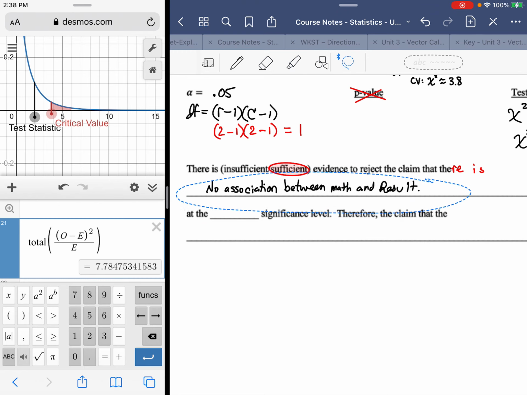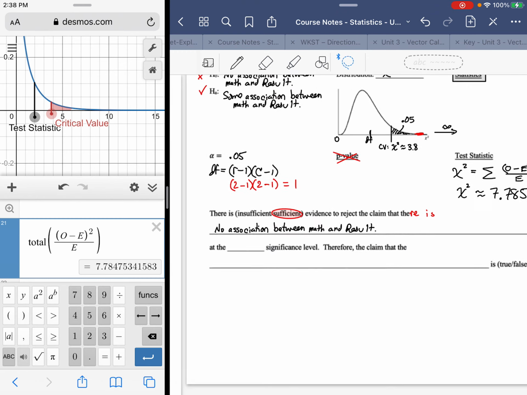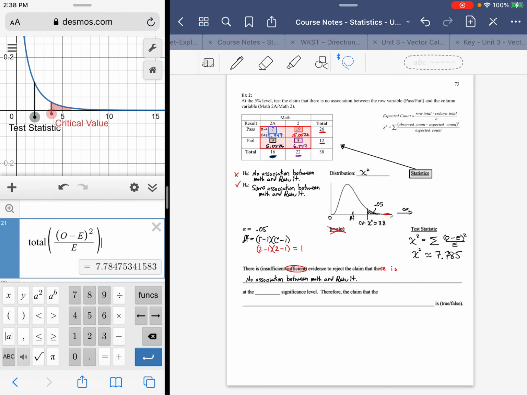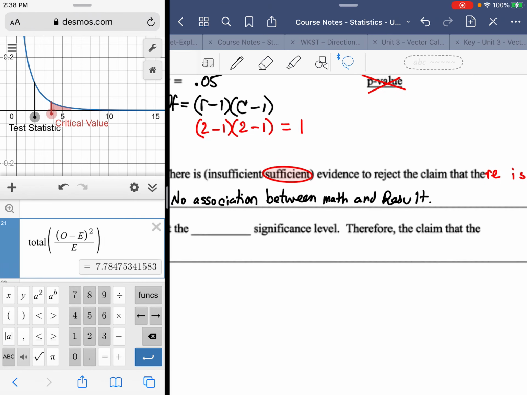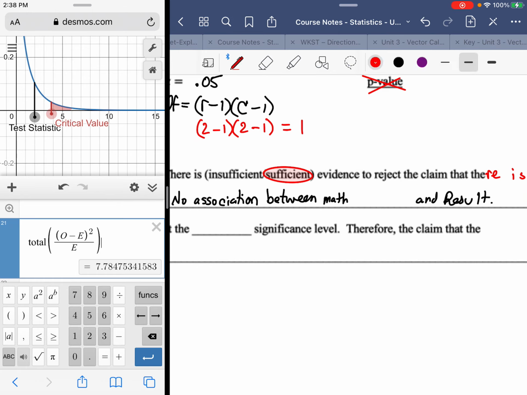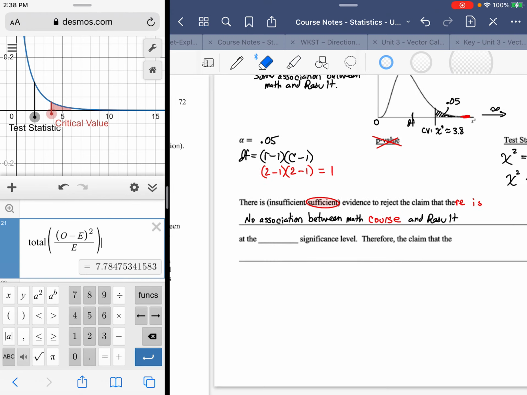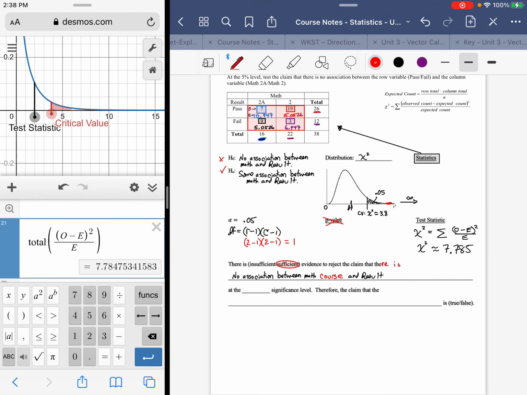They only wrote math, so we don't even know. Math type. We can make the assumption that it's course. That there is no association between course and result at the 0.05 significance level. That just happened to be what they were asking about. They didn't ask us whether or not anything else was true. So we're done with our conclusion at this point. So this is gone, as is this.